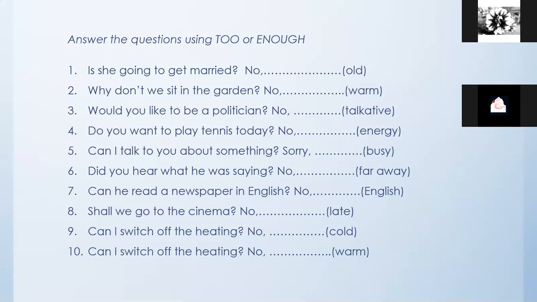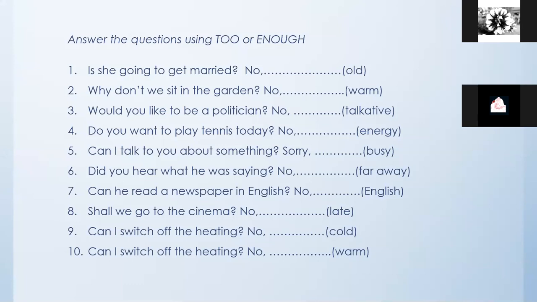What does talkative mean? Talkative means talks a lot. A politician must be talkative. So: No, I am not talkative enough to be a politician.